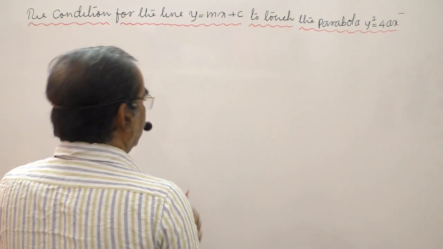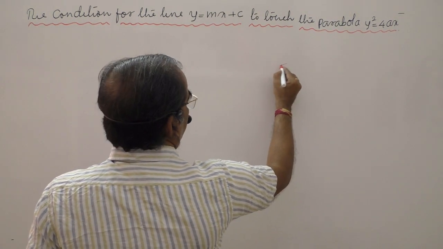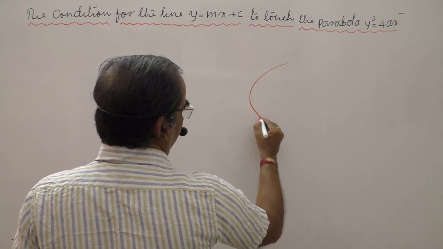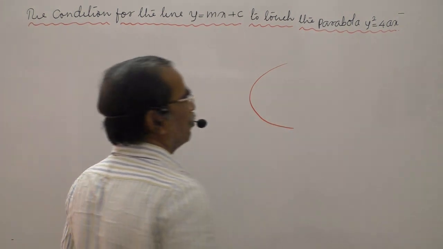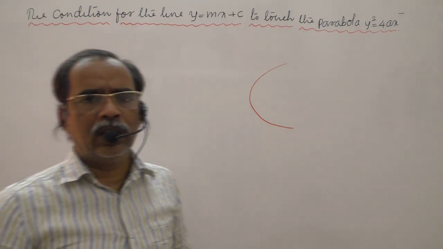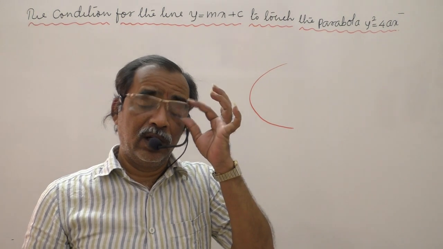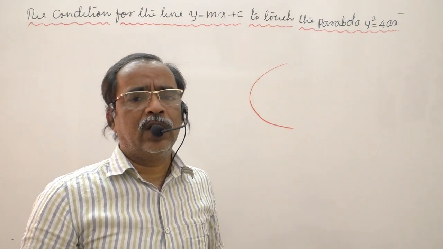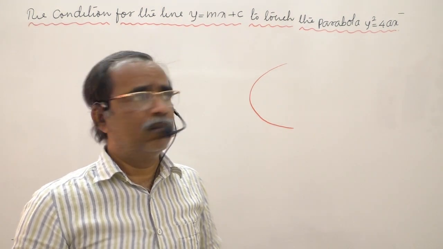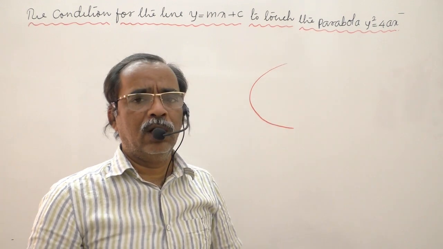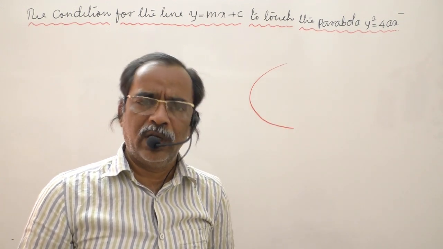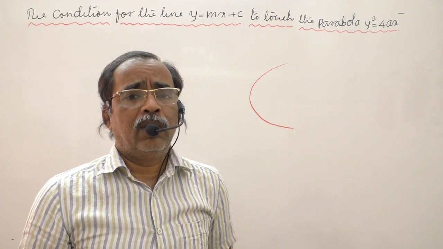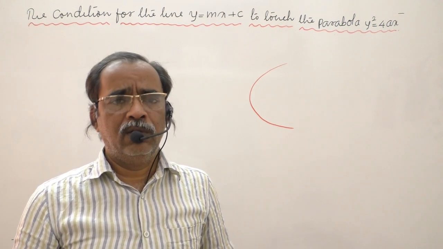See carefully, here a parabola is given, y square equal to 4ax. We are discussing all these concepts, tangent, normal, condition of tangency, everything by taking the parabola y square equal to 4ax. But there are many different forms.